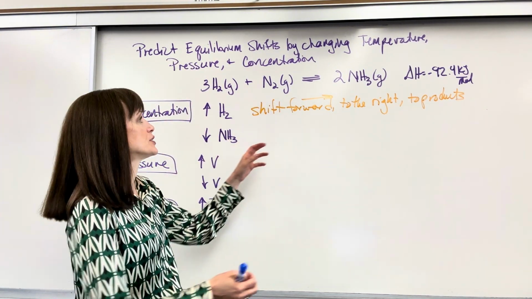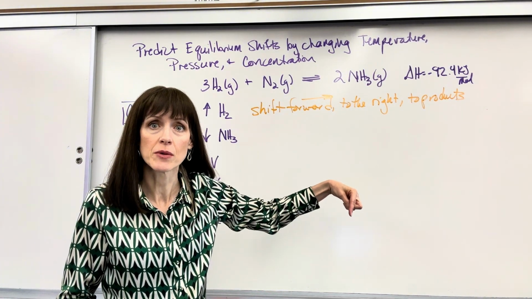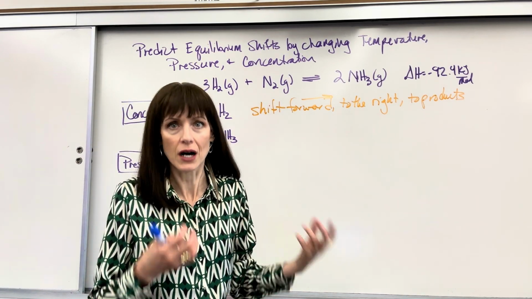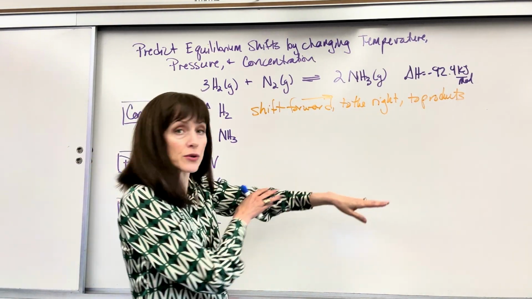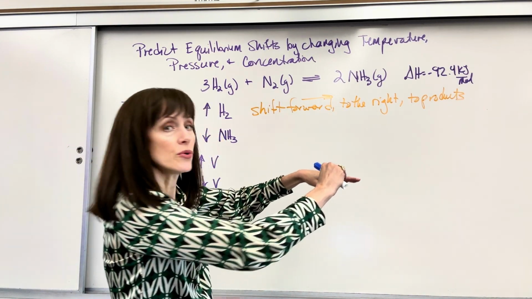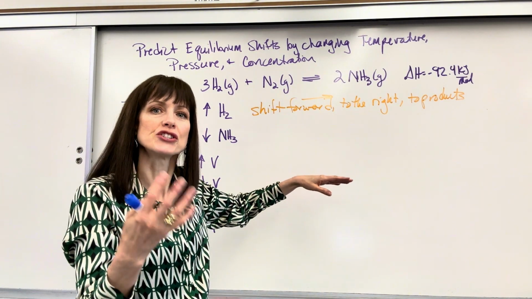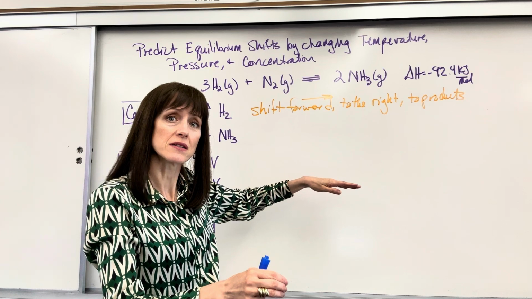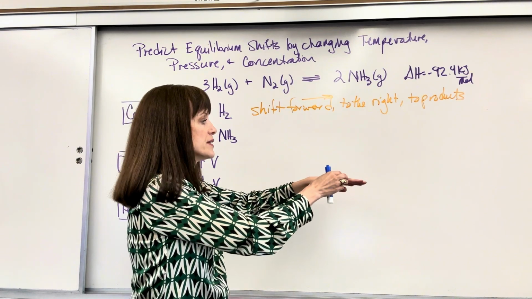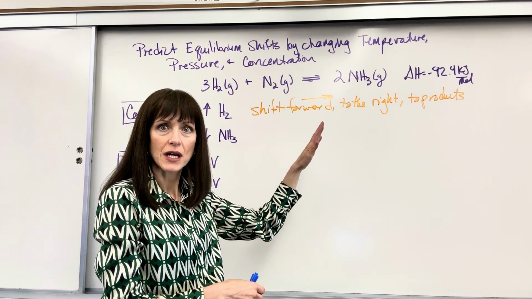Okay, now we're going to remove a product, remove the ammonia, and we do this often. It's called harvesting the product. So I'm at beautiful equilibrium. Let's remove some of that ammonia. If we remove that, think about the child jumping off of the little seesaw, the teeter-totter. This side gets light. It goes up like that.